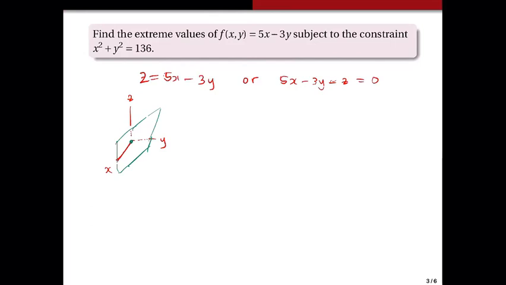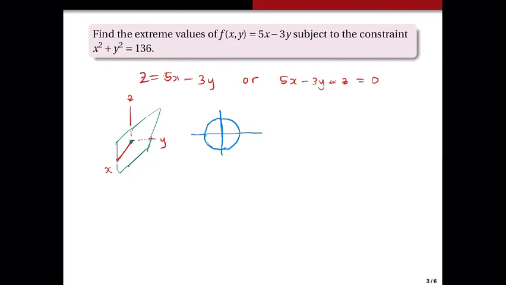And then the constraint here, you have your x squared plus y squared equals 136. It's a circle. So if we look at the domain on the xy plane, it's just a circle centered at the origin of radius square root of 136.